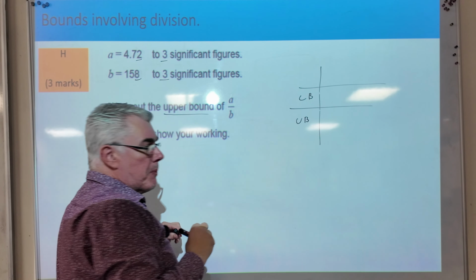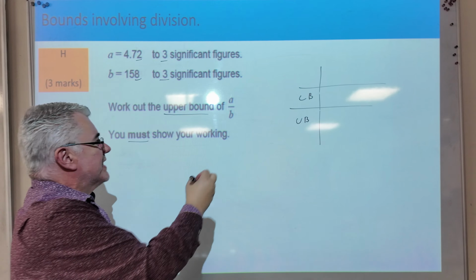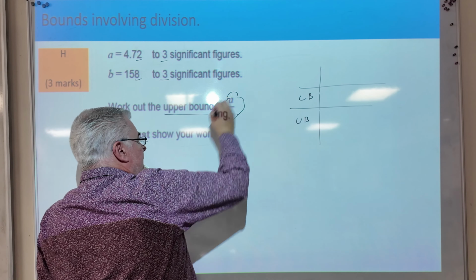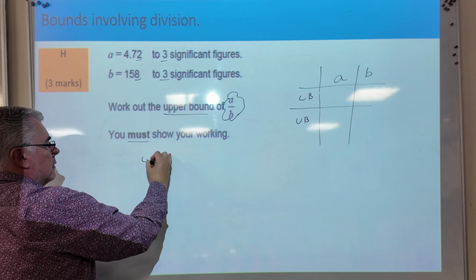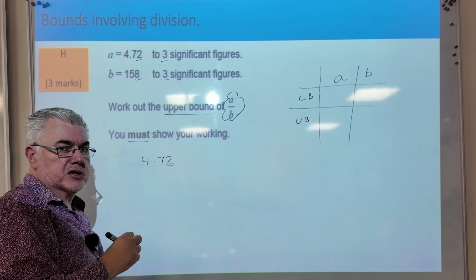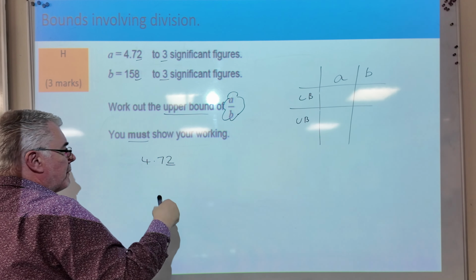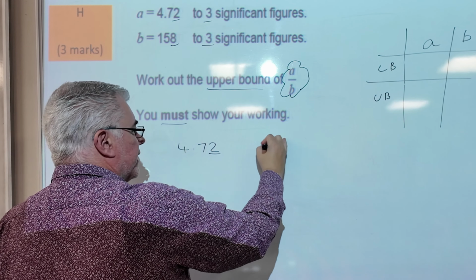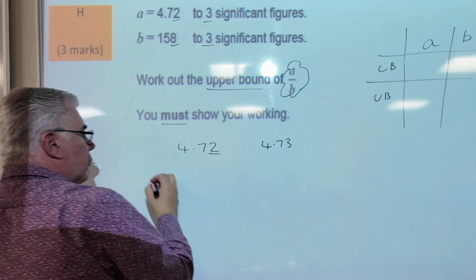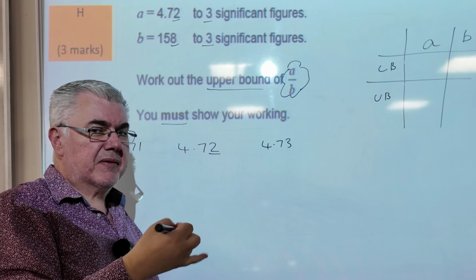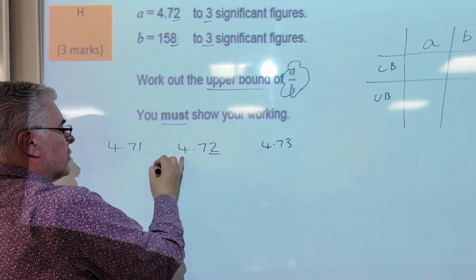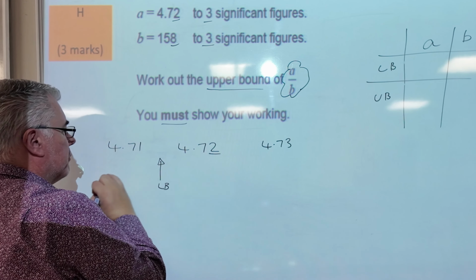I'm going to work out my lower bound and upper bound of the things contained within the formula, and that is A and B. This has been rounded to 3 significant figures. It's that 2 that has possibly been rounded. Well, I'm going to round it up to the 3rd significant figure. I'm going to round it down to the 3rd significant figure. This is just helping me find those lower and upper bounds because the lower bound is halfway between them.